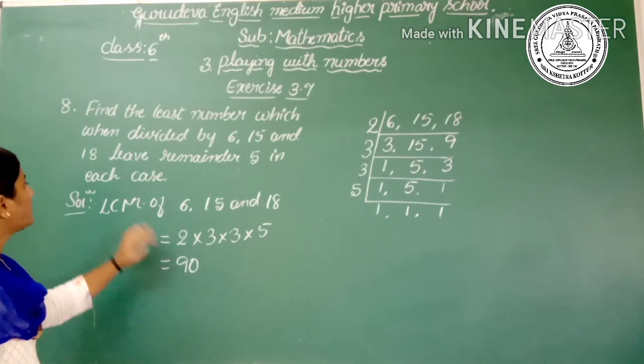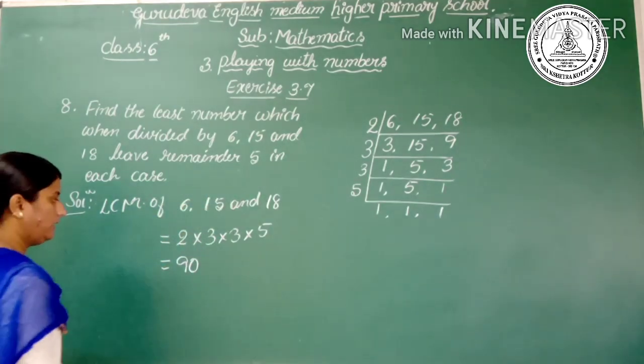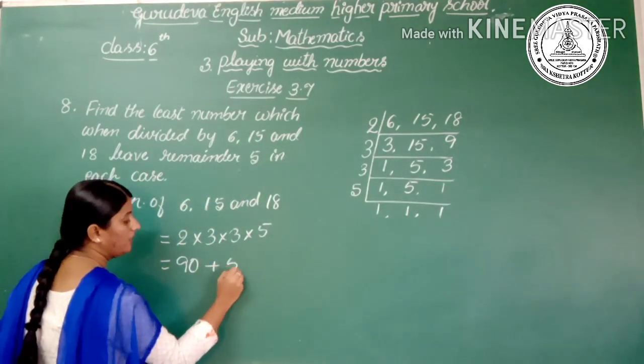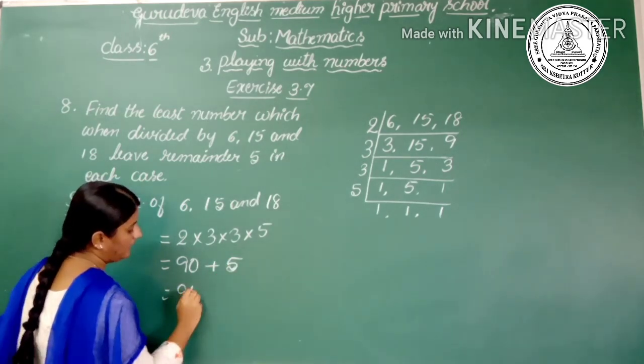So we have to add the remainder here. Plus remainder 5, which is equal to 95.